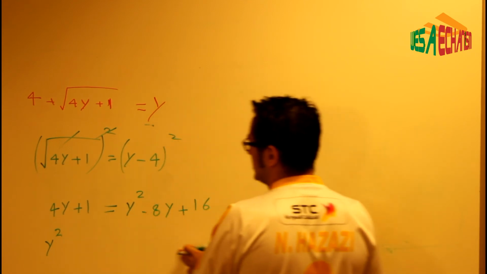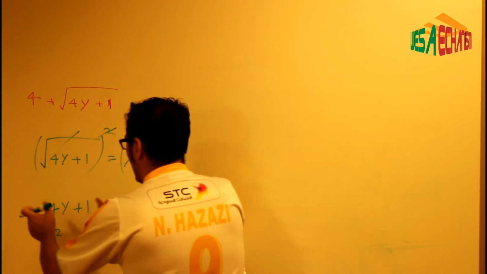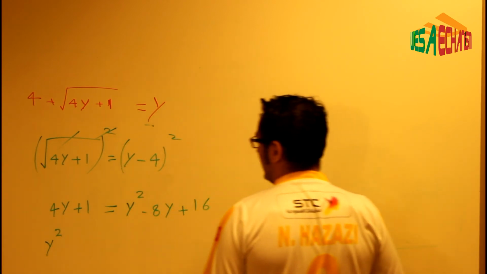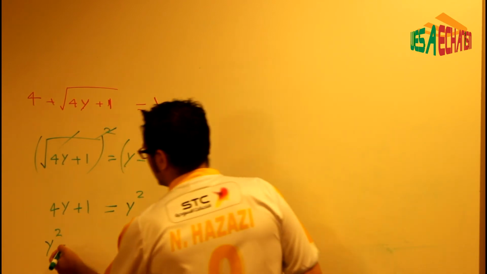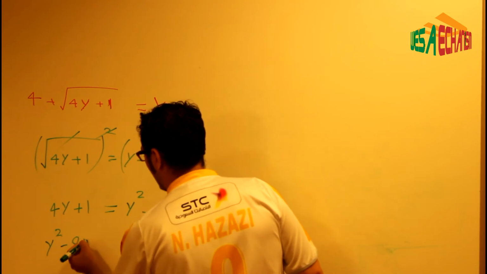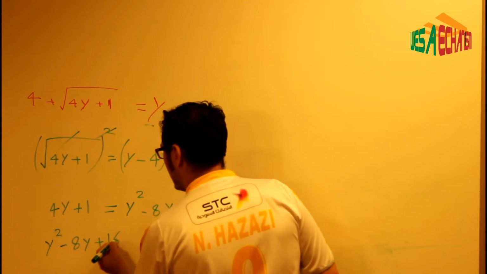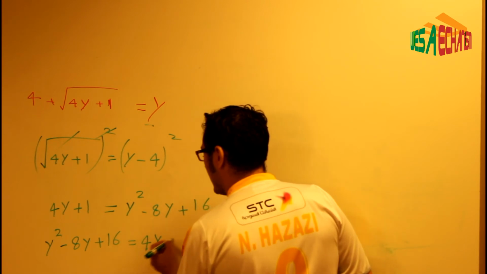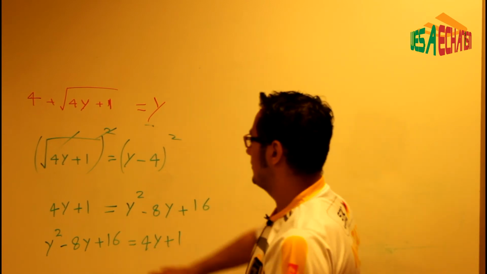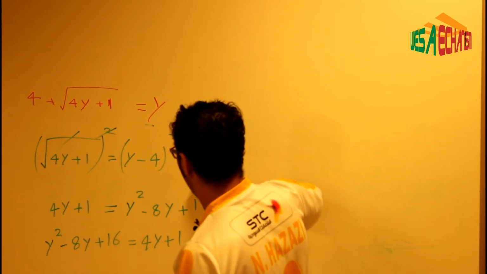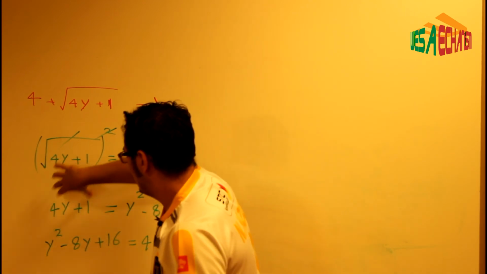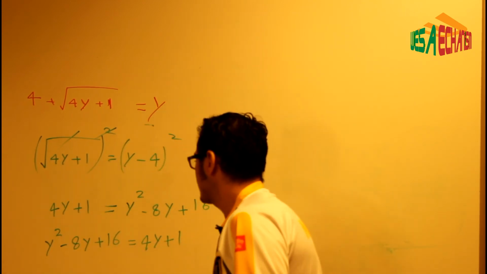But we are not going to change any sign, since I'm going to move everything to this side. I'm just going to say y squared minus 8y plus 16 equals 4y plus 1. I didn't do anything. I just took this term and put it here, and took this term and put it here. That's it.